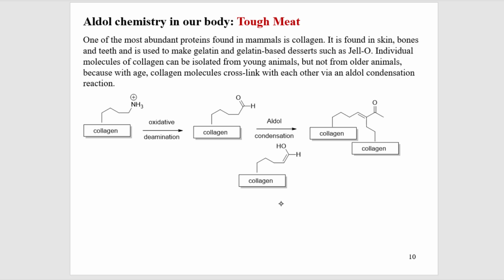And if you have two of these, remember that the carbonyl is in equilibrium with the enol of itself, right? And so if you have lots of these oxidized collagens, then the enol, which exists in small quantities, can act like an enolate, right? Whereby the alpha carbon is the one attacking, and what you're doing is you're cross-linking.